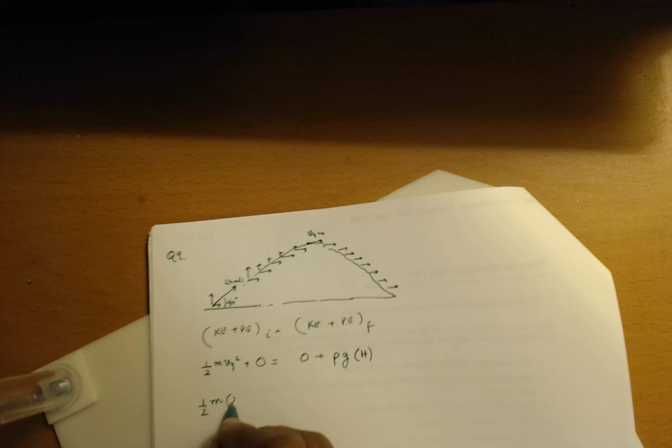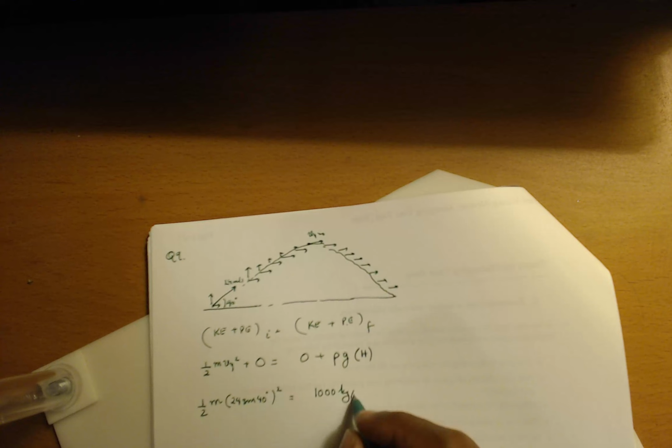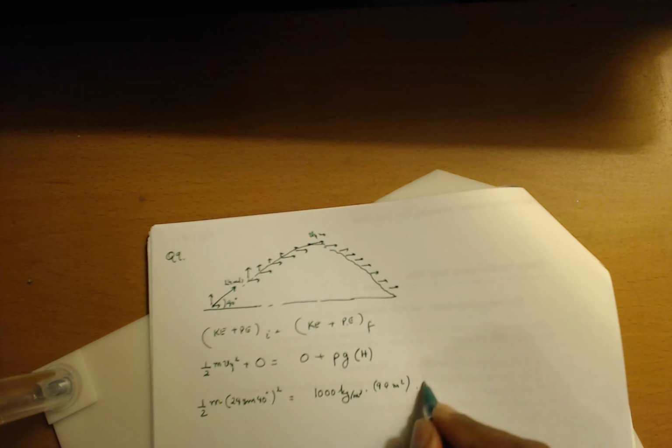This is the y component of initial velocity. So it's going to be 24 sine 40 degrees squared equals density, which is 1,000 kilograms per meter cubed, times 9.8 meters per second squared, times height. And now we can find h.